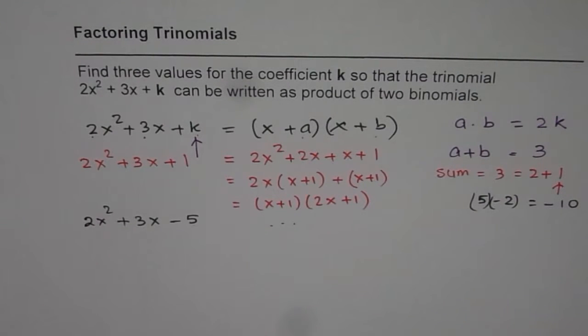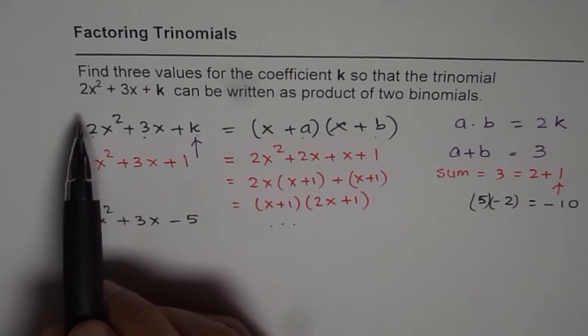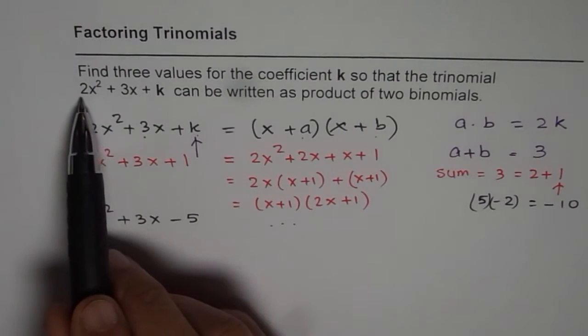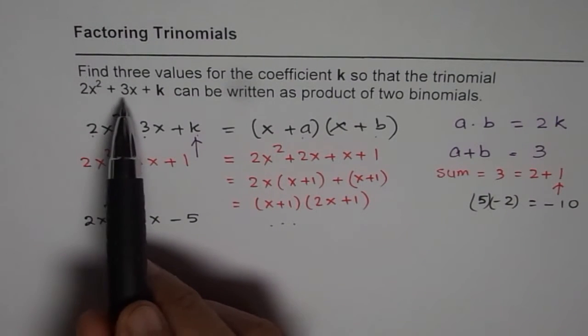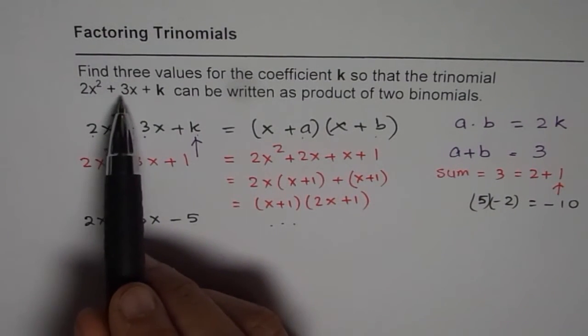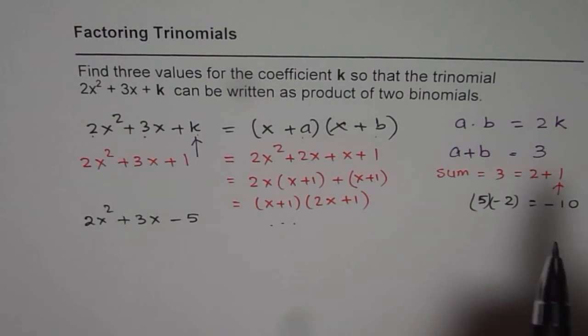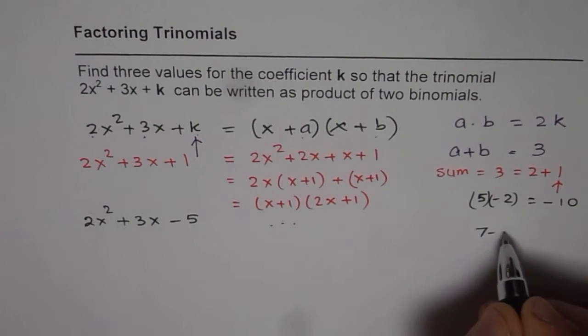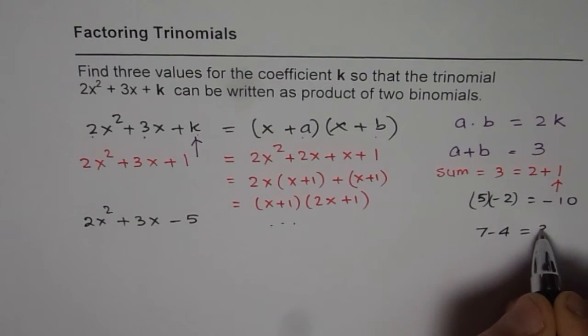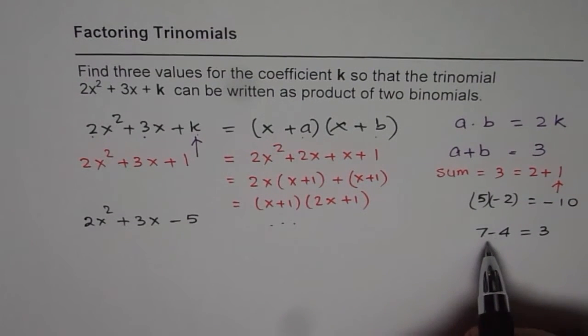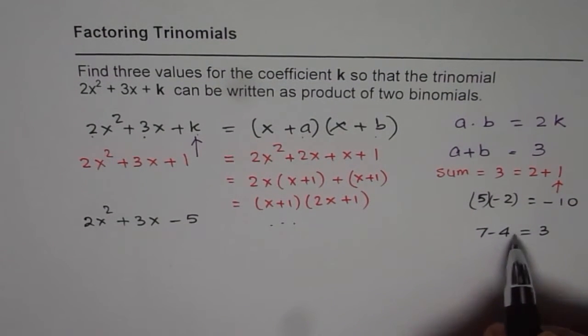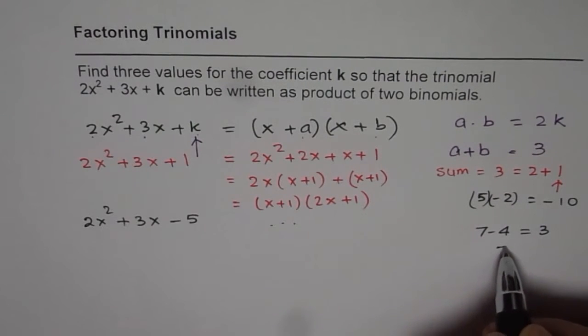So likewise, we can get many values. I've shown you how to get 2 values. Now to find the third value, we'll again adopt the same method. In this case, instead of 2, you can use 4 also, right? So the difference is 3. So you can say 7 minus 4 equals 3, right? When you multiply 7 and minus 4, you get minus 28.